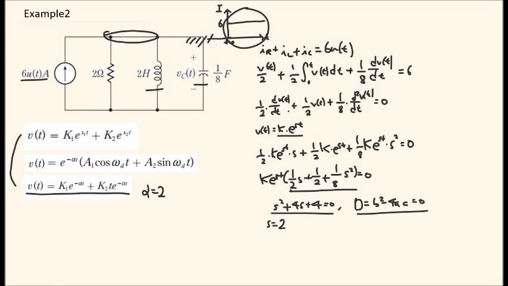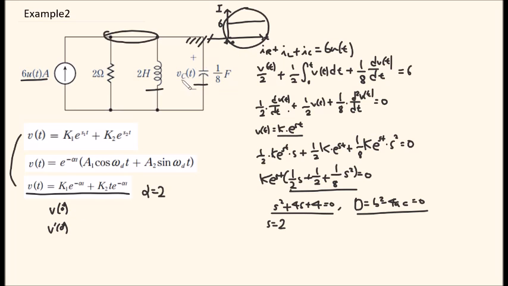The next thing we need to do is to find the value of k1 and k2. In order for us to do that, we need to know two initial values. The first one is v of 0, and the next one is v prime of 0. And since we are only interested in what happens after the signal is given, we're going to add a little plus sign next to our zeros, which refers to the point just after time t0.